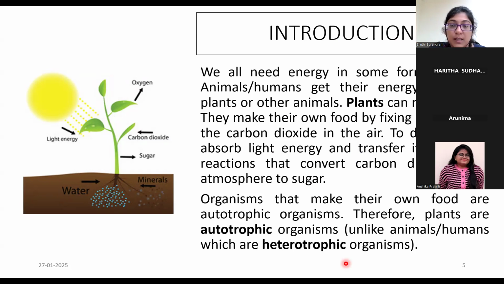They manufacture their own food with the help of carbon dioxide, light, and water, and so they are called autotrophic organisms. Other heterotrophic organisms like humans and other animals feed on other animals or plants for our food, while plants are living beings that have the capability of manufacturing their own food.